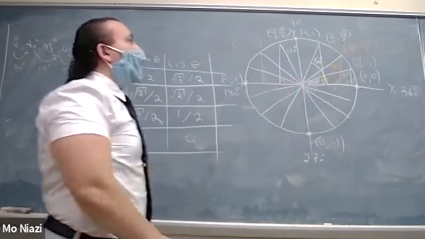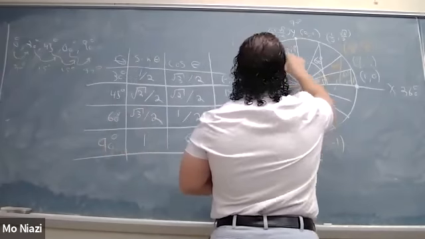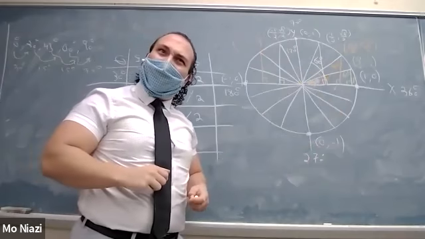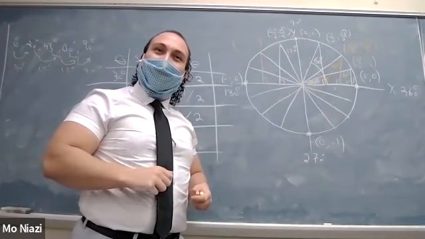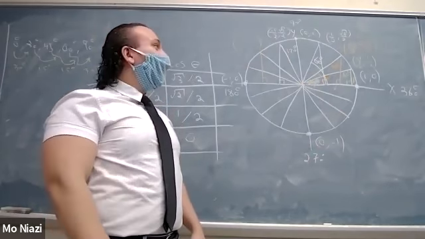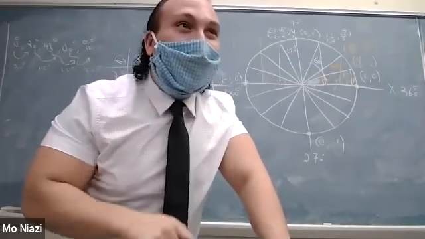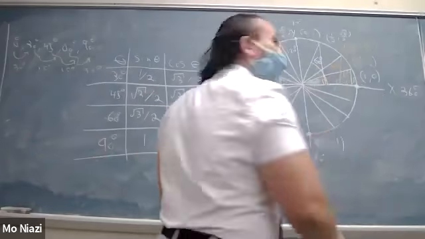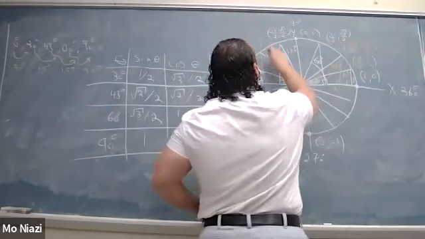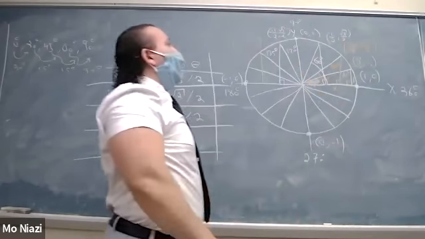What are the associated sine and cosine values? And before that, tell me, what is the angle here? 135. Very good, 135.